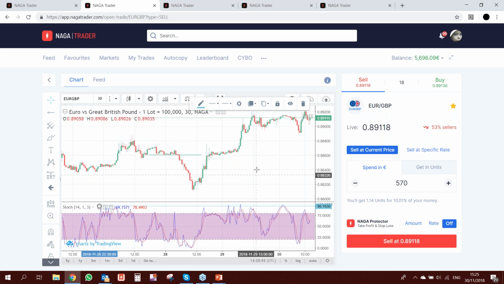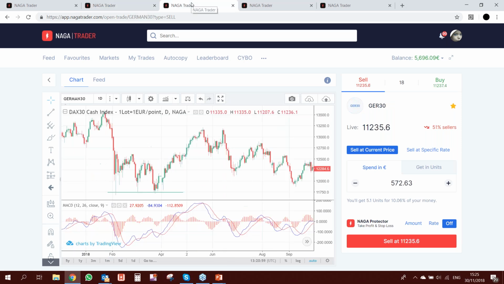Now we will skip and go to the DAX in order to see the MACD. MACD is also another good oscillator, a momentum indicator. It's used by a great number of traders, and it's very similar to the other oscillators, especially RSI. We do have the MACD histogram, which, for anyone that's not aware, is just showing us whenever the trigger line crosses above the signal line.